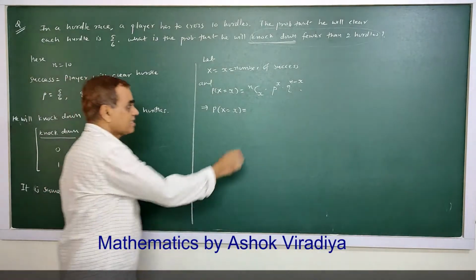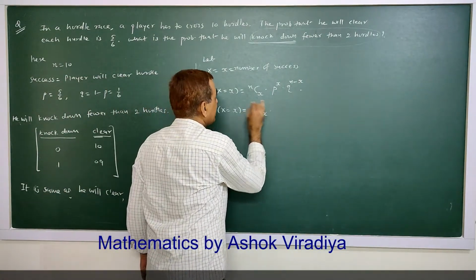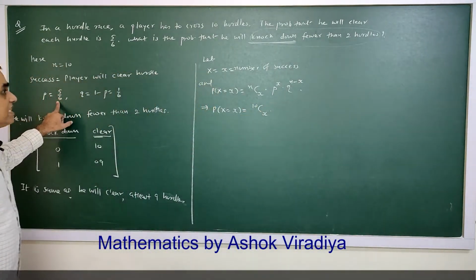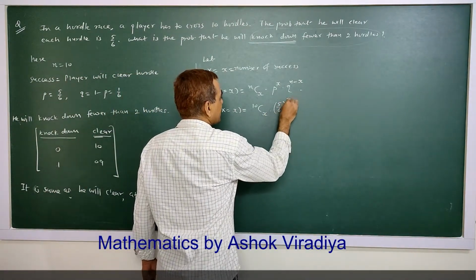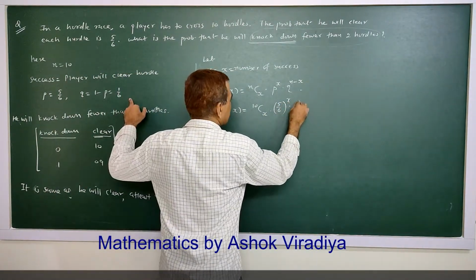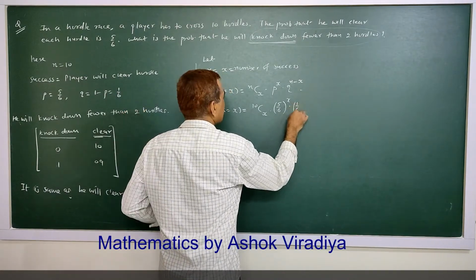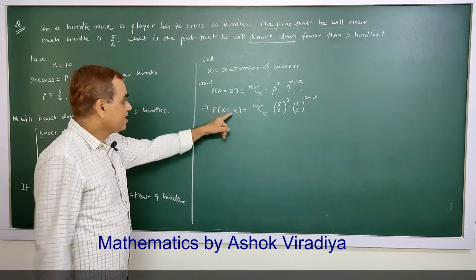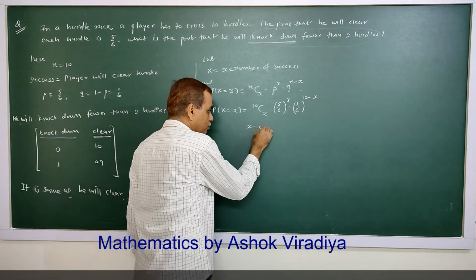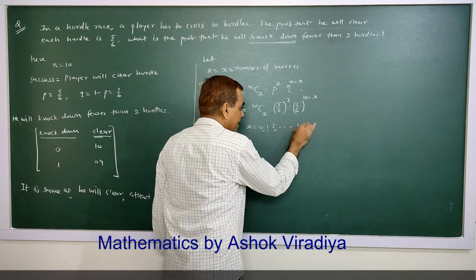So 10Cx into 5 by 6 raised to x into 1 by 6, q is 1 by 6, raised to 10 minus x. And here we can take value of x from 0 to 10.